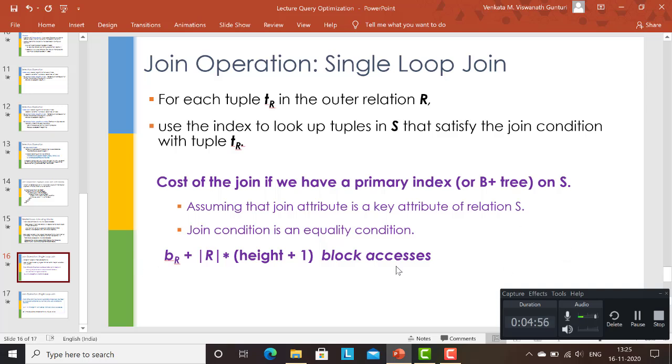So if you want a rough estimate on the number of blocks of main memory that you will need, you will store one block where relation R can keep on coming, and you will have one block for storing the intermediate results, which will keep on getting flushed out whenever that is full. So one goes here, one goes for the intermediate, right? And then you will need space for this part, right?